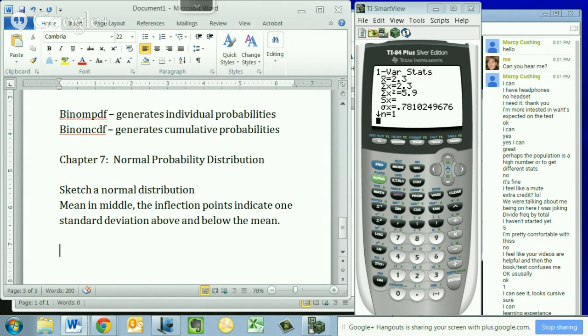And then you talked about finding probabilities under a normal curve using normal CDF. You should also be able to use inverse norm to find z-scores.